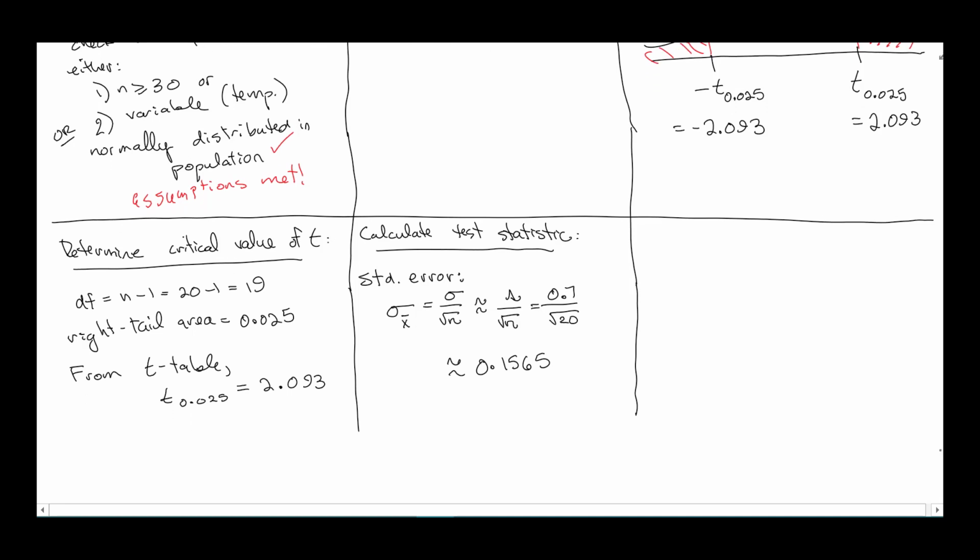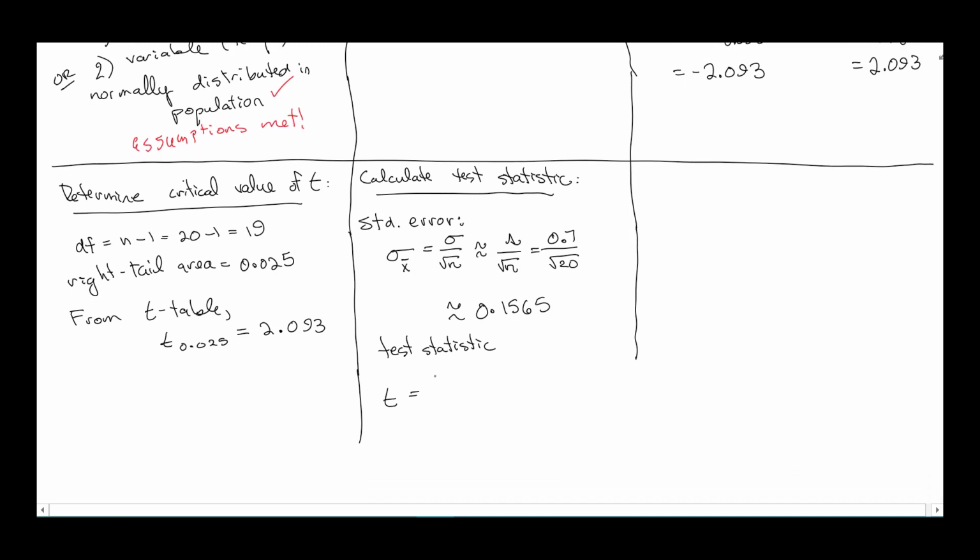Okay, so my test statistic, remember what you always do for every hypothesis test. You subtract what you were comparing and then you divide by the standard error. That happens every time. So what are we comparing for my numerator? We are comparing my x bar to our benchmark, right? That shows up in our hypotheses. And then we're going to be dividing by this standard error that we just had, right?